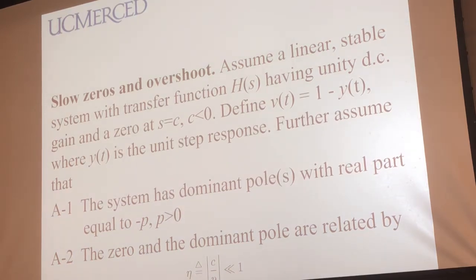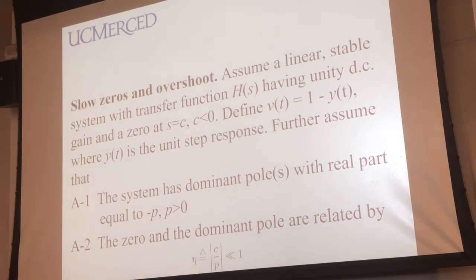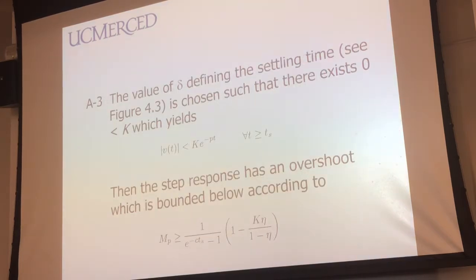The zero and the dominant pole are related by this. The pole is bigger than the zero, so make this less than 1. Then you can draw a conclusion about the maximum overshoot and the area, which can be bounded by this.